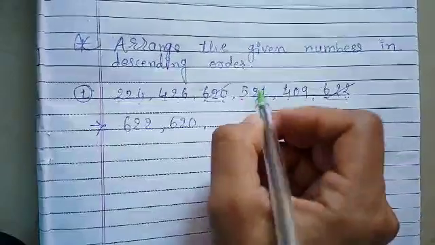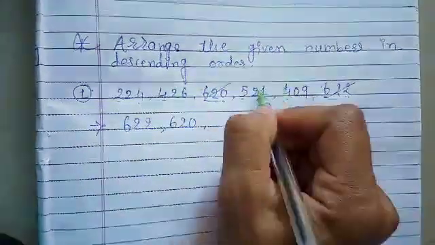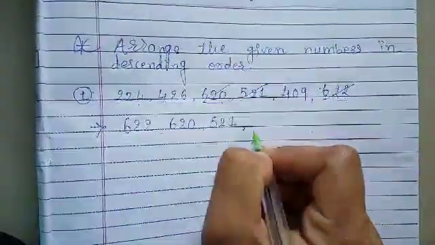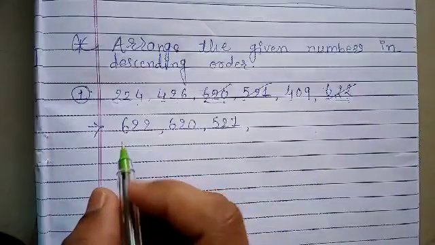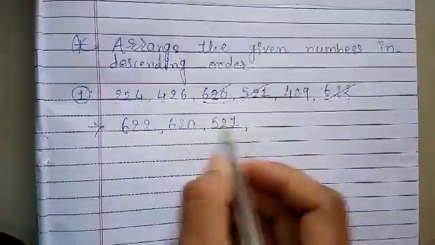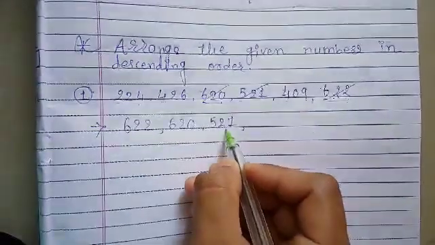Yes. So see the 100 place value. Here is a 5. So write down 521. Okay, we have to arrange the numbers from bigger to smaller. So look at the sequence here: 622 is bigger, then smaller, then smaller.